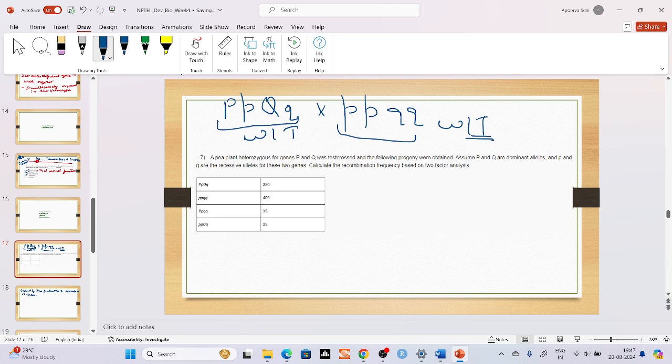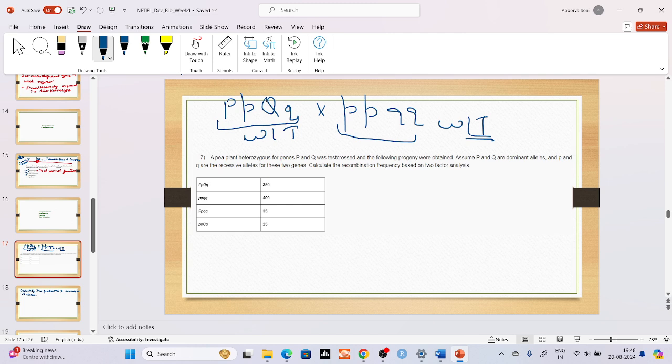Now you can identify the classes in two ways. First way, suppose this table is not given to you, then you can work it out on your own. Heterozygous means PpQq, and test cross means homozygous recessive, that means both the alleles are recessive, ppqq.